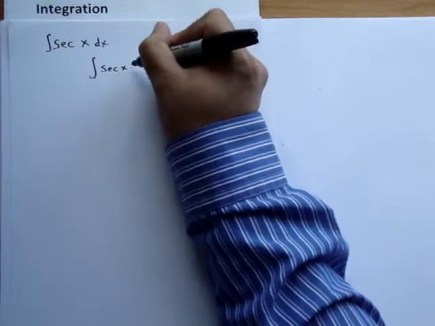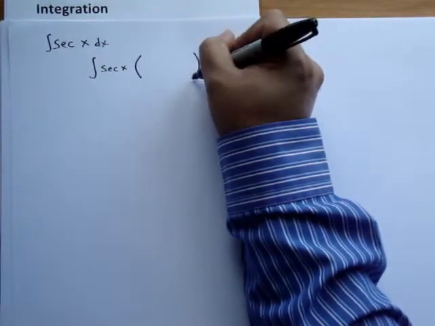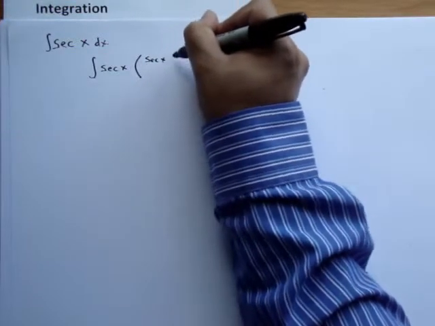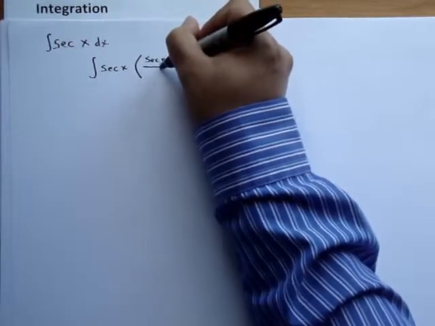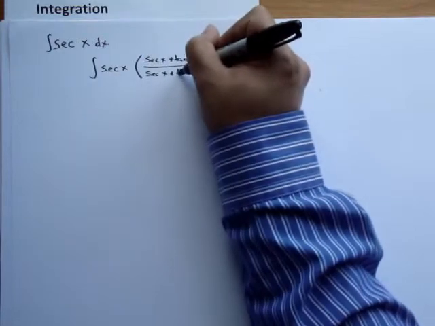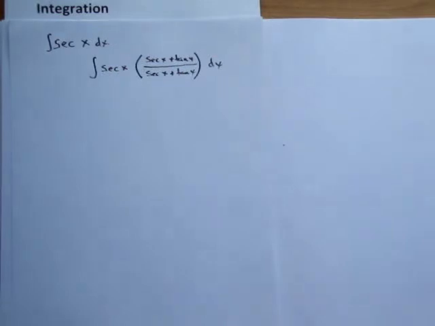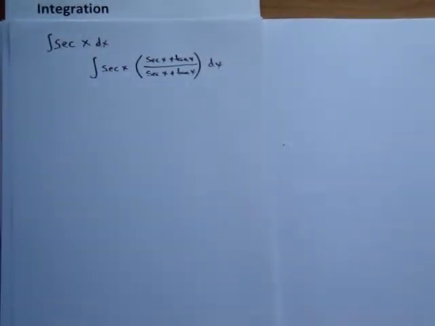We multiply secant x by 1 essentially, and how we do this is by multiplying it by sec x plus tan x all over sec x plus tan x dx. So essentially this is 1 that we're multiplying by, and the integral remains the same.